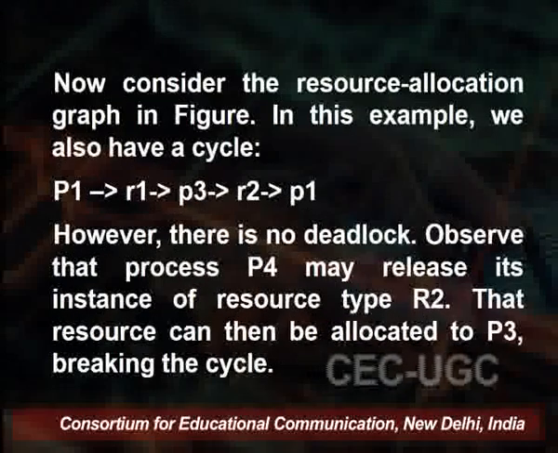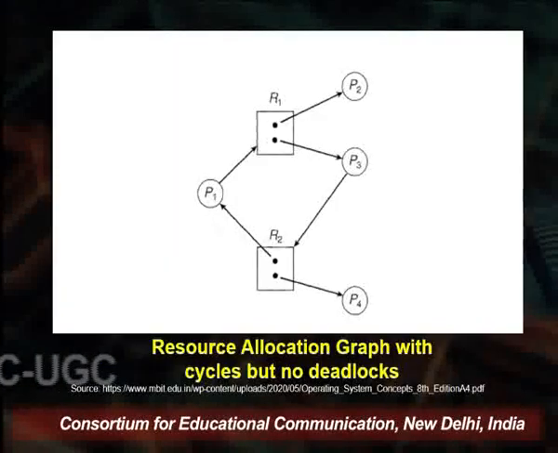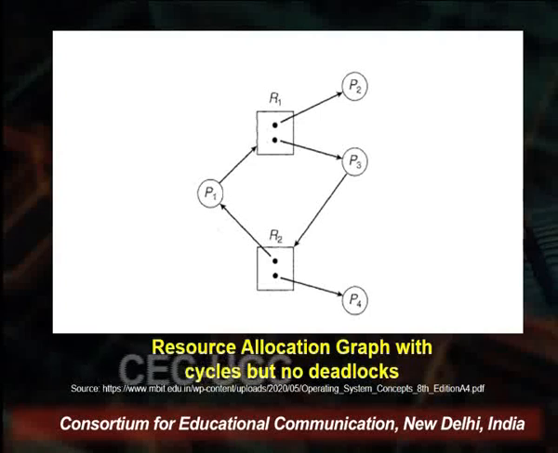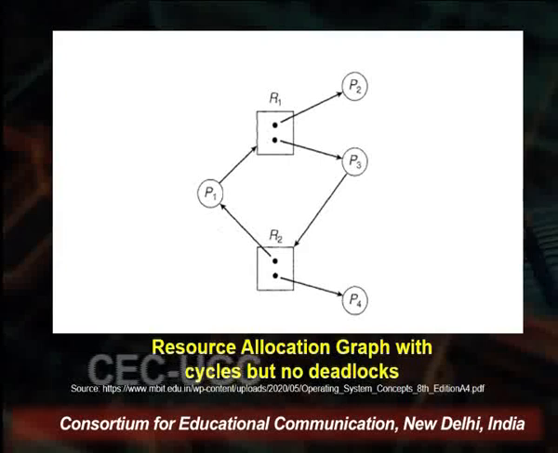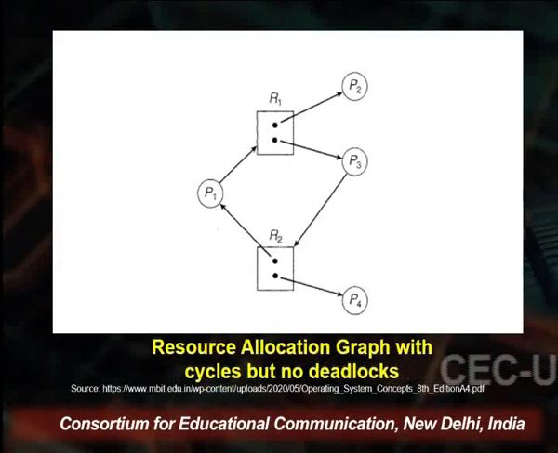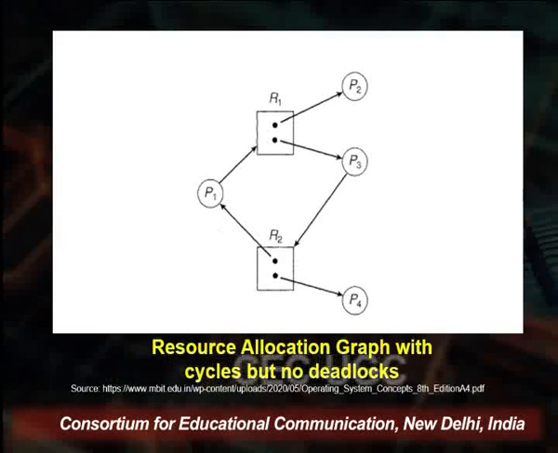Now let us say we have one more resource allocation graph, shown in this figure. Here we have two resources R1 and R2, each having 2 instances, and there are a total of 4 processes P1, P2, P3 and P4. So what is happening in this graph, let us try to understand.